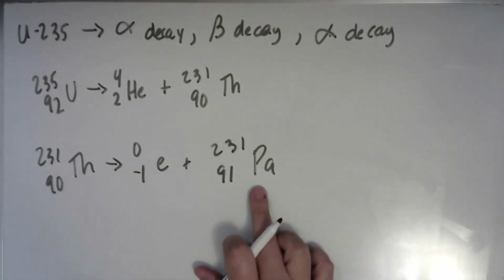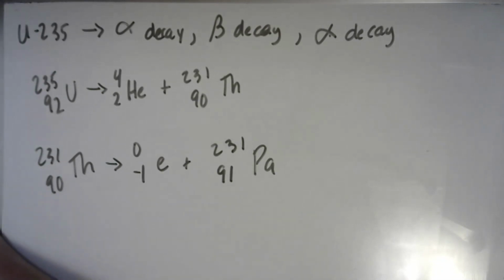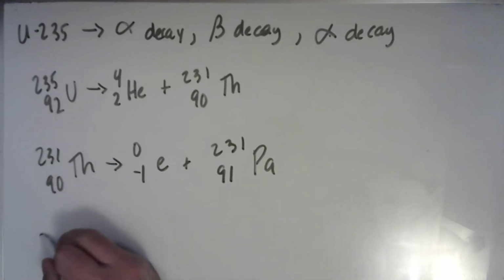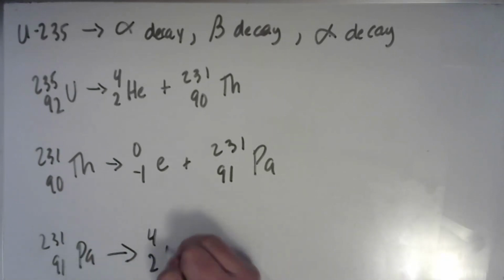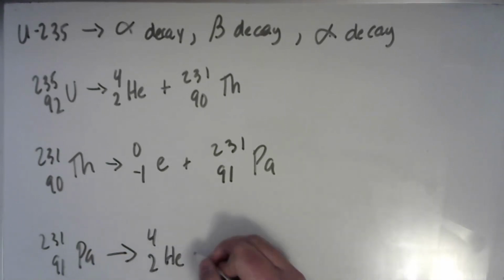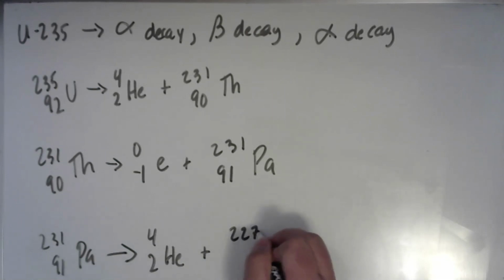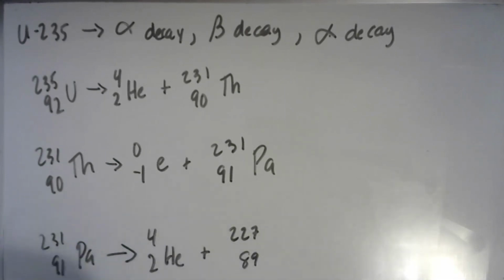And then our protactinium is going to undergo another alpha decay. So we're going to have our 231, 91 Pa. 231 minus 4 is 227. 91 minus 2 is 89.